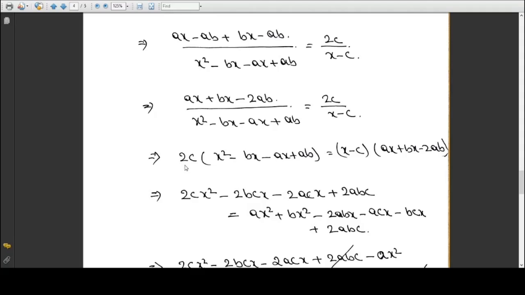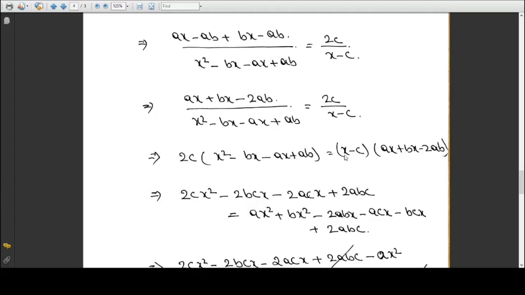Or I can write 2ca also, but simply because of the order, it is better to write them in order. 2acx, and then plus multiplied with plus is plus 2c multiplied by ab, that means 2abc.